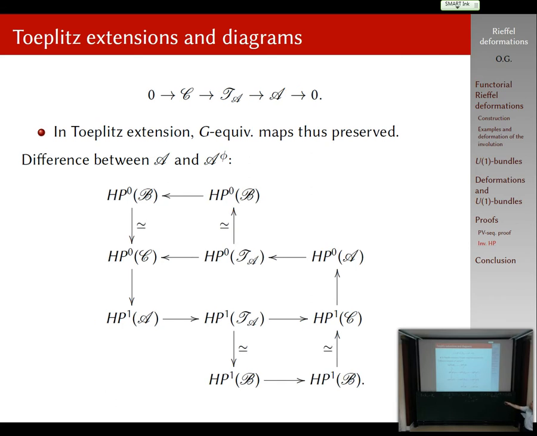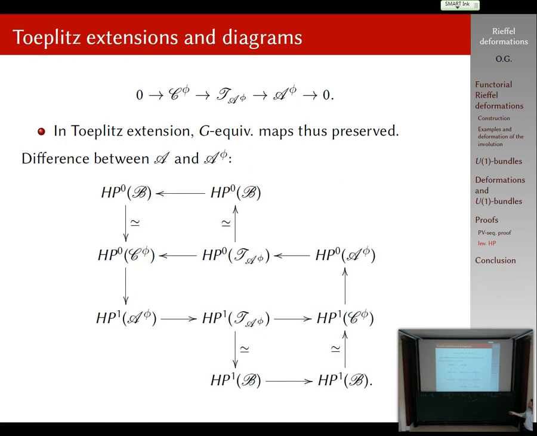And so in the undeformed case, you had this diagram, and we said that we know how to do this. This is a Morita equivalence. We know how to do this. This is a quasi-homomorphism. And since the deformed algebra is also a U1 bundle, we have the same exact sequence. And so you see, here we really get the sequence.